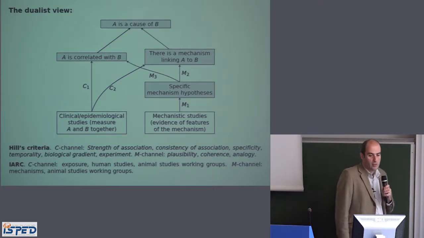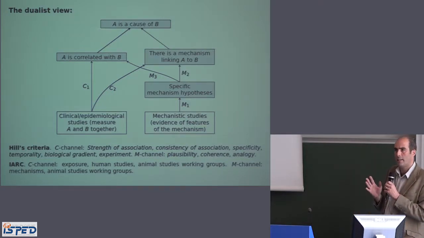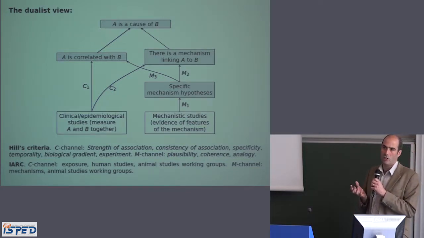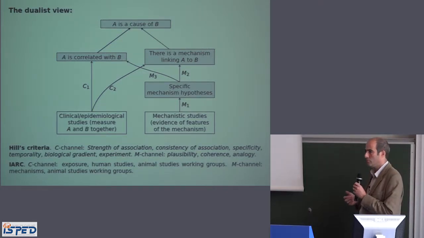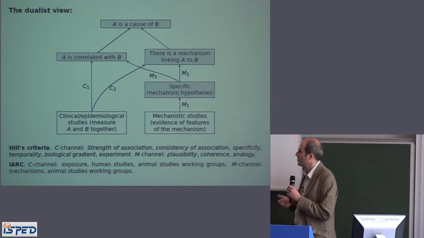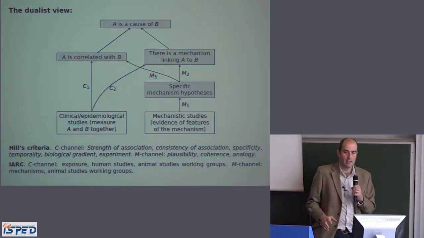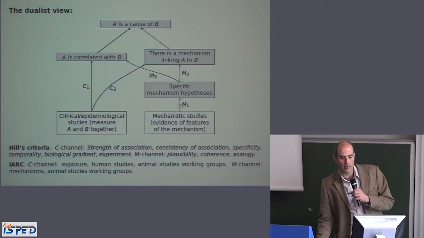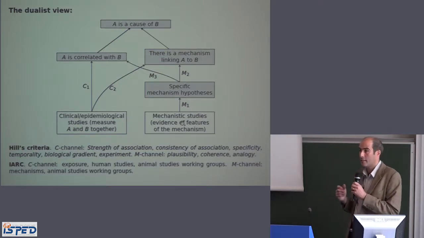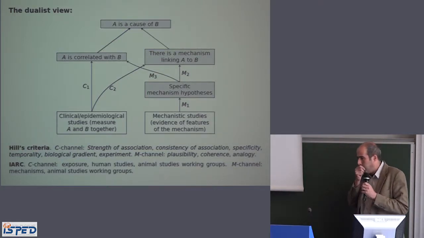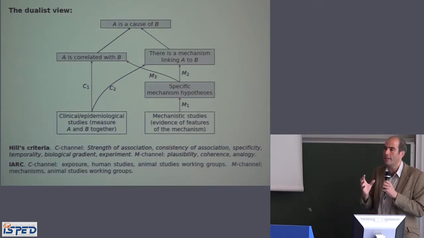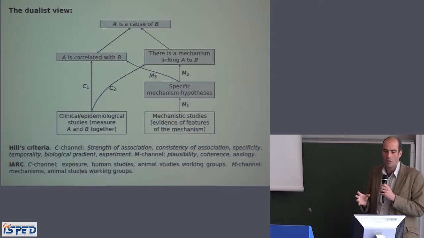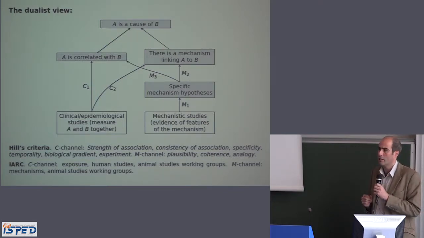This kind of dualist view is also explicitly used by some organizations in their evaluations of causality. For example, the International Agency for Research on Cancer explicitly has a stream for analyzing mechanistic studies and evaluating these studies and integrating evidence of mechanisms alongside clinical and epidemiological studies in order to establish a causal claim.